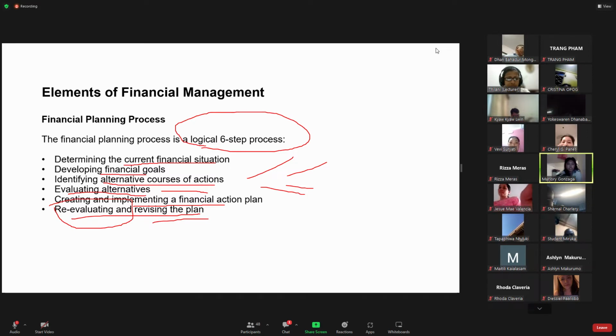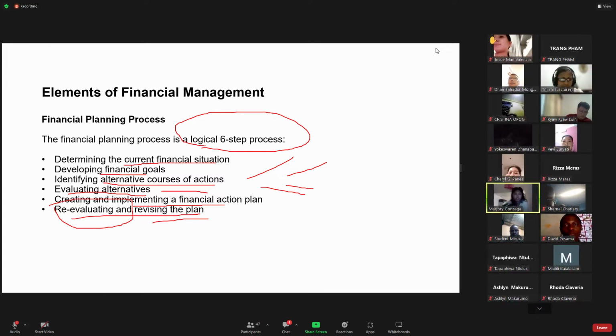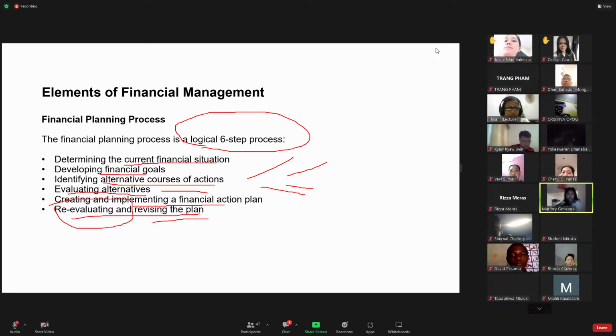You should know which plan, A, B, or C, is suitable for your goals, which one is much better. And then the next is creating and implementing a financial action plan. You should know how to create and when to implement the goals that you are planning.